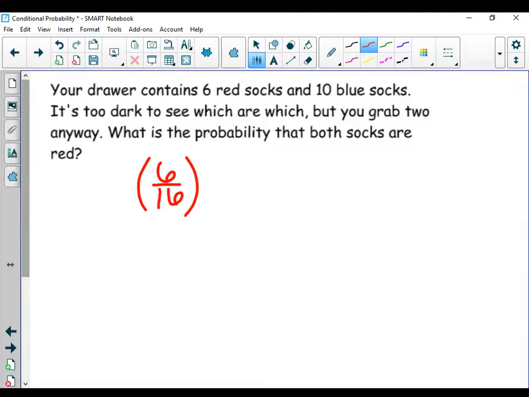Okay. What's the probability that the next one's also red? I've already picked up one. 5/15. So if we multiply that together, okay, so 1/8 or 12.5%. Okay.